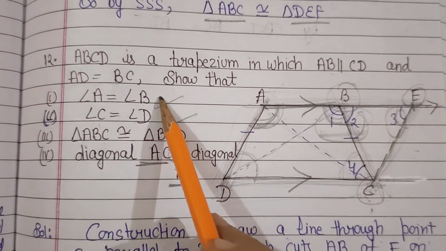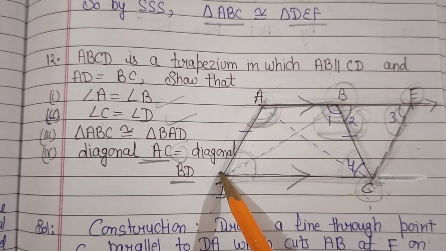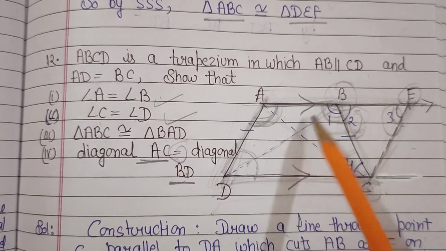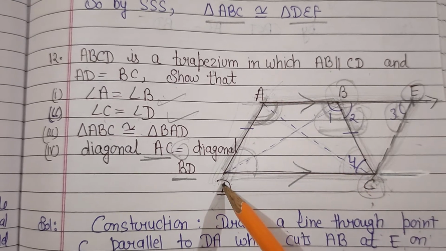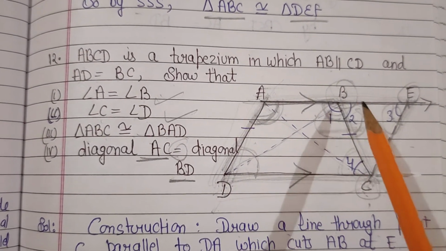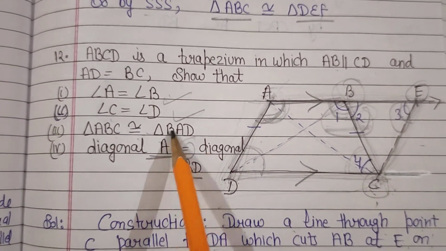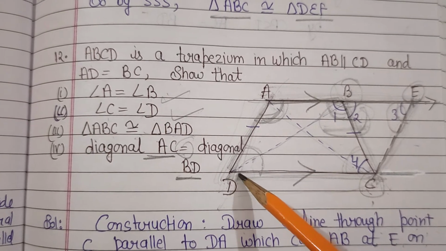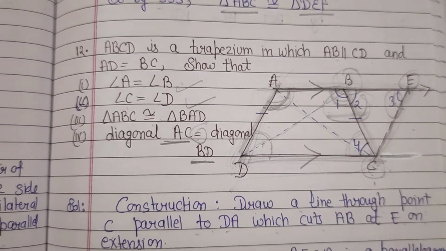It is shown in the first part. So by side angle side criteria, we can say triangle ABC is congruent with triangle BAD. And by CPCT, we can say diagonal DB is equal to diagonal AC.